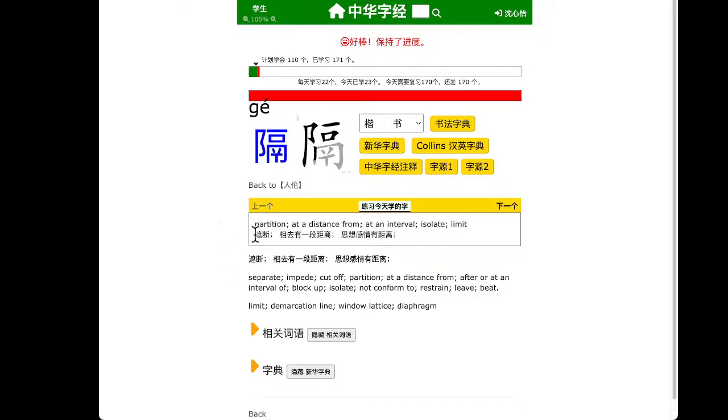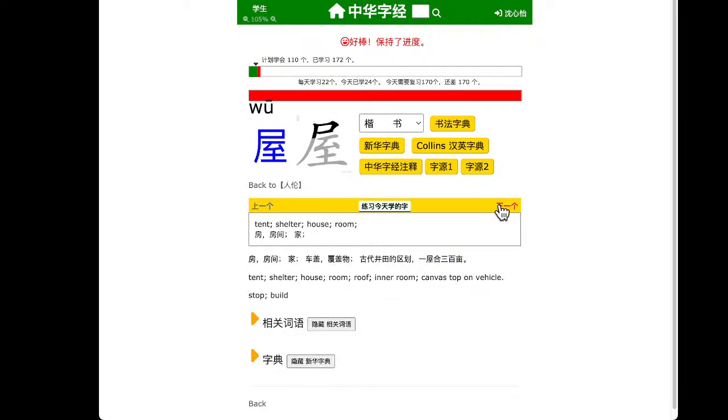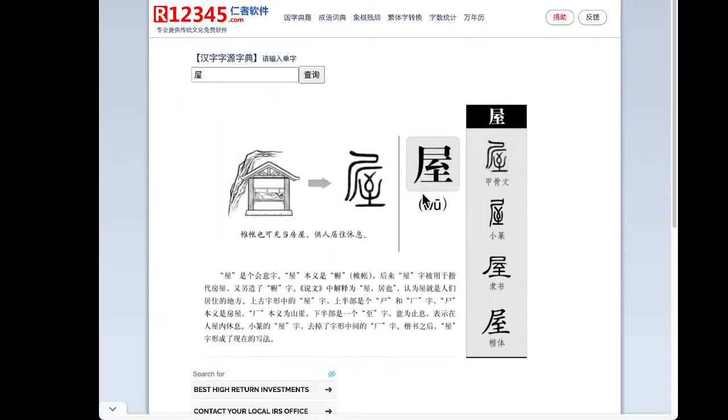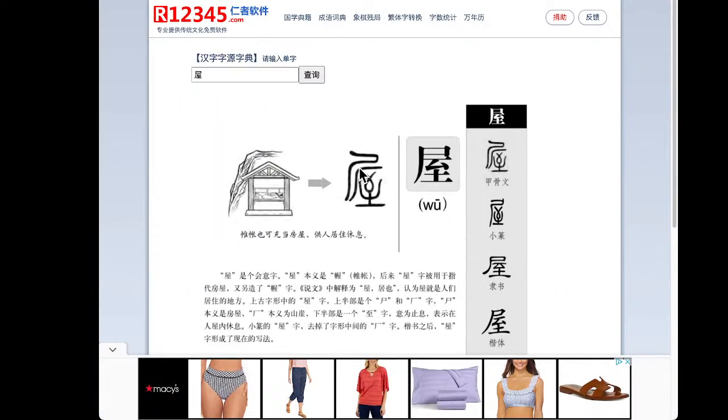Ge means partition, or separated by a distance, isolated, or at an interval. U is a room or a house or tent. And this one, come here and look at the picture. This up top is like the tree that stretches its branches over the hut in which you live.